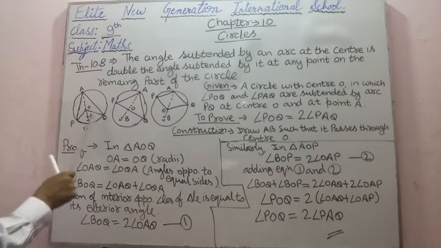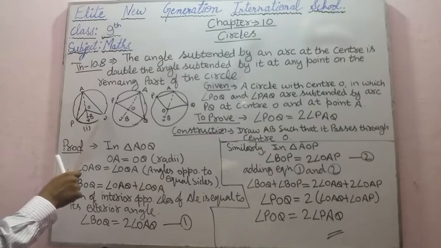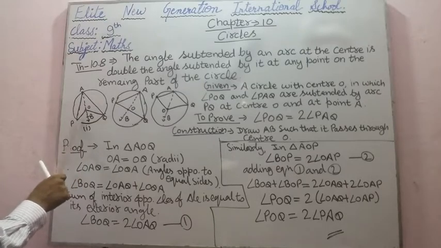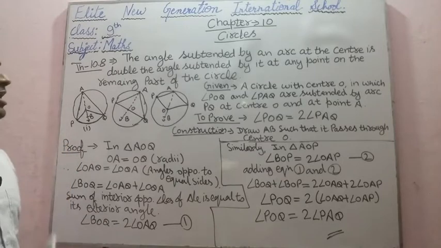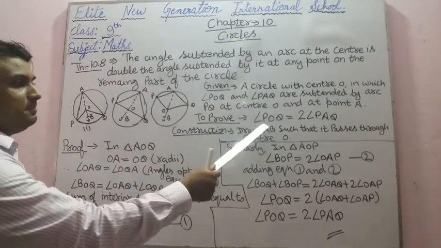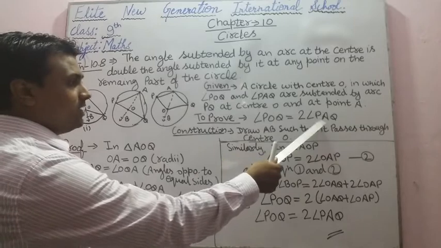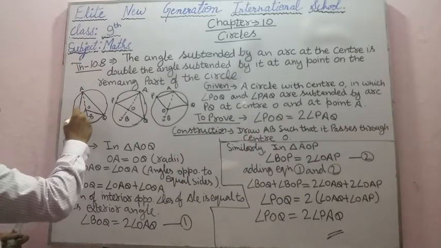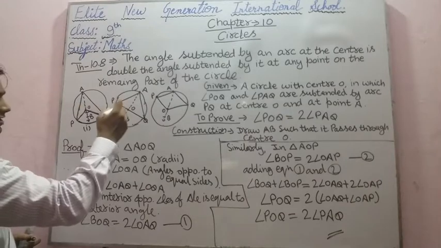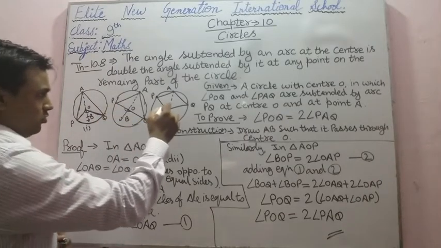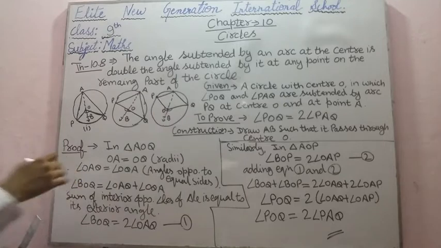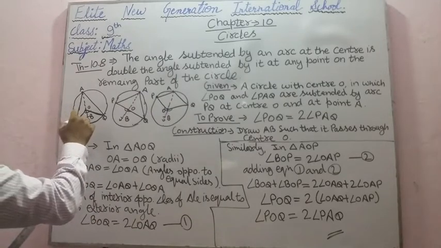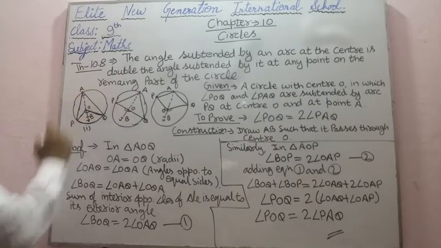Angle POQ is subtended by arc PQ at the center and angle PAQ by arc PQ at point A. We have to prove that angle POQ is equal to twice angle PAQ.